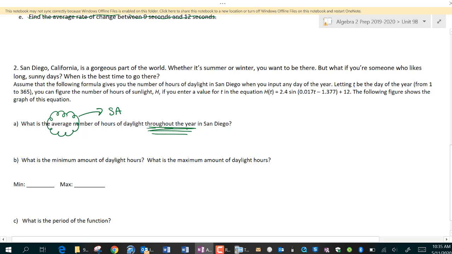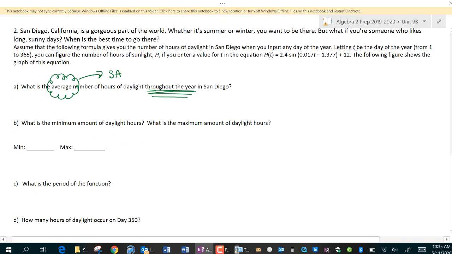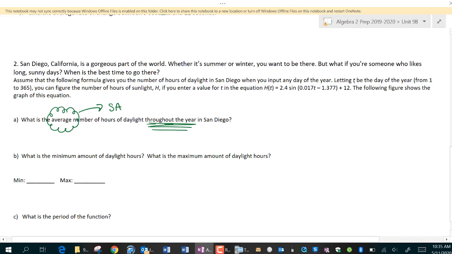So we'll see another question, I think, that talks about average, or sometimes they might talk about just the average for 1 month, but this is the entire year. So looking at our equation here, it looks like the sinusoidal axis located at the very end here is 12. So there's 12 hours of sunlight.